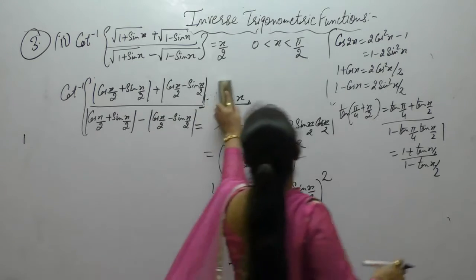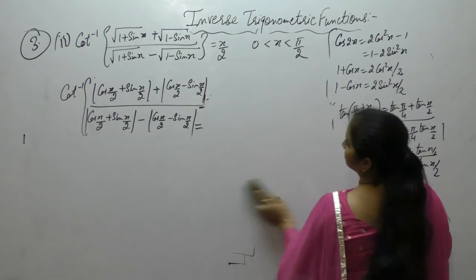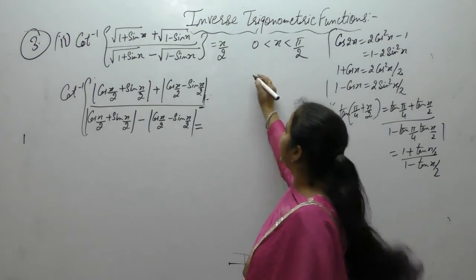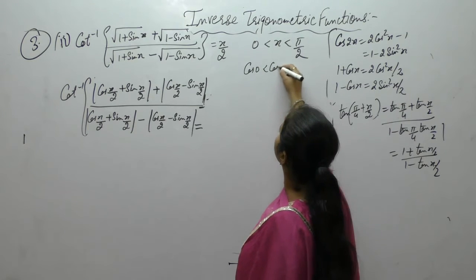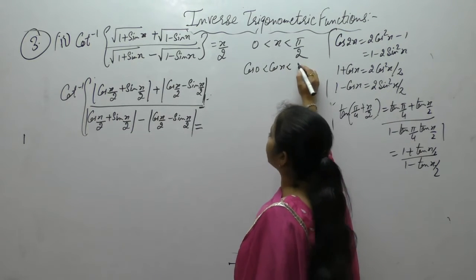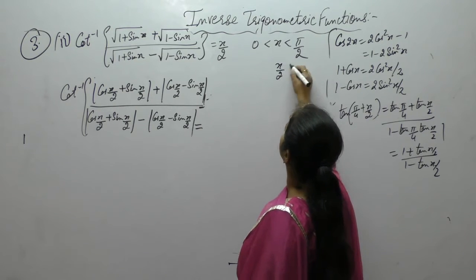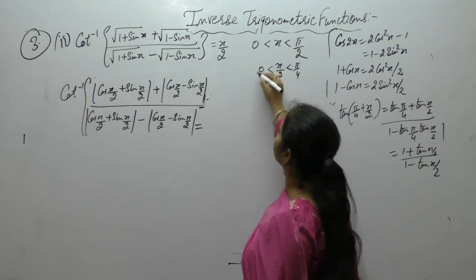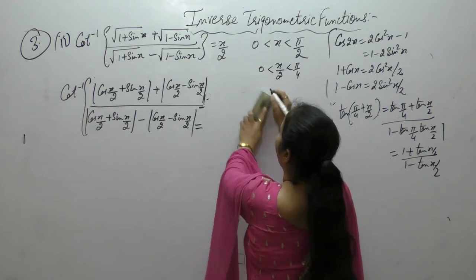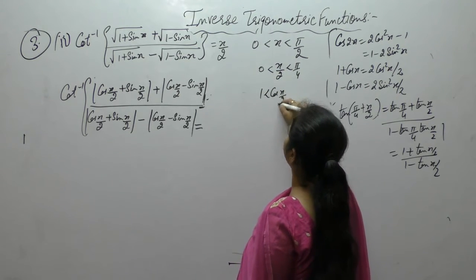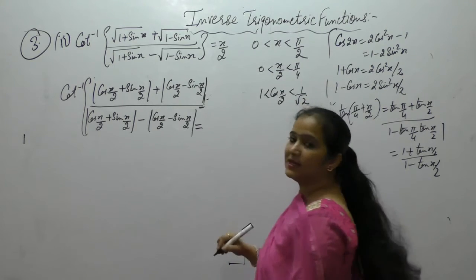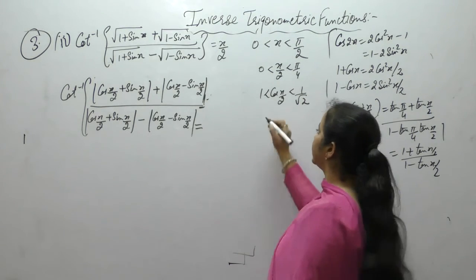Now the limit is this. If we take cos 0, cos x, cos pi by 2. Here the angle is half. First divide the angle by 2. Pi by 4, 0. Cos 0 is 1. So 1 is less than cos x by 2, less than 1 by root 2. Sin 0 is 0.